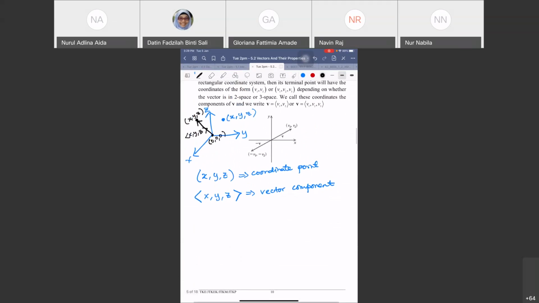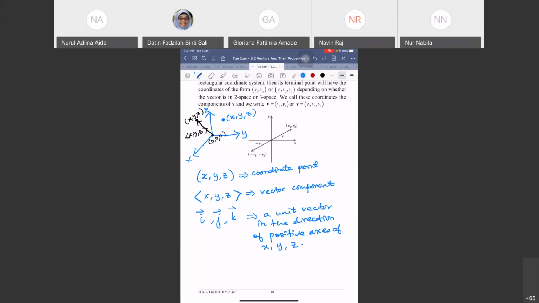Another representation is in the form of what we call i, j, k. Using i, j, k, basically each is a unit vector in the direction of the positive axes of x, y, z just now.